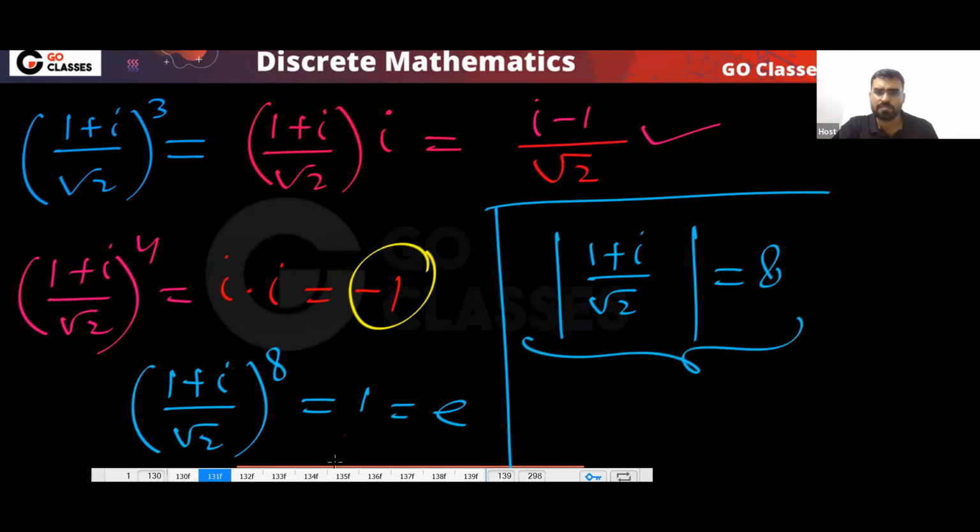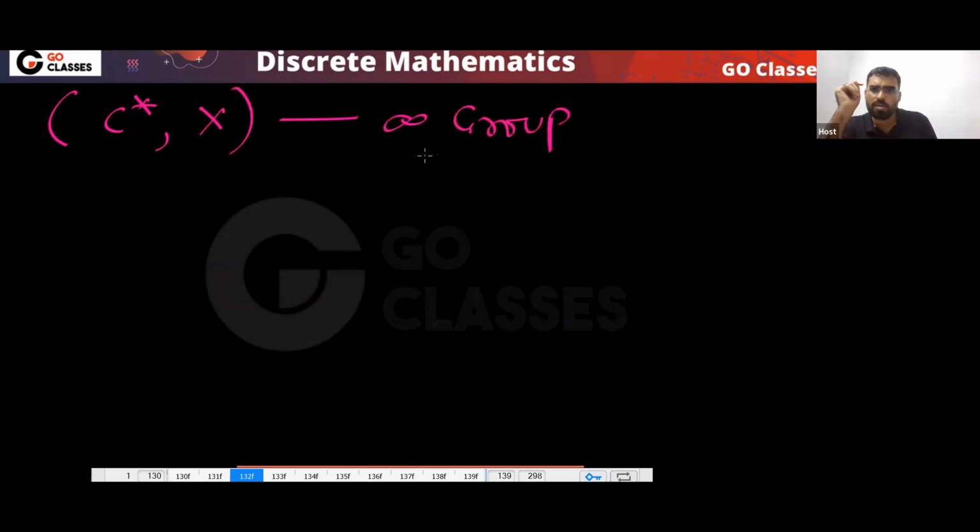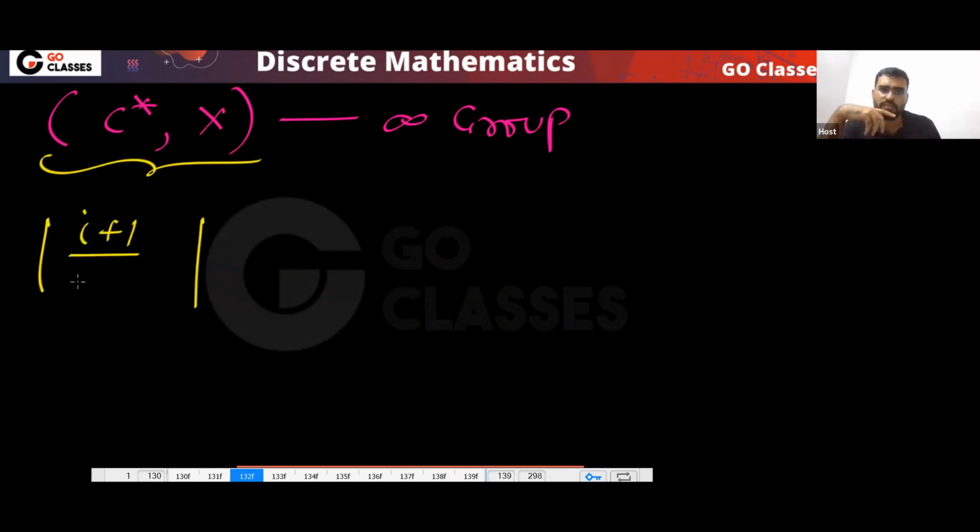Is this clear? I told you that if you have an infinite group, this is an infinite group. You can notice that this C star, comma, multiplication is an infinite group. But in this group you can notice the order of this element. I told you that order of an element can be finite or infinite, and the order of this element is 8.